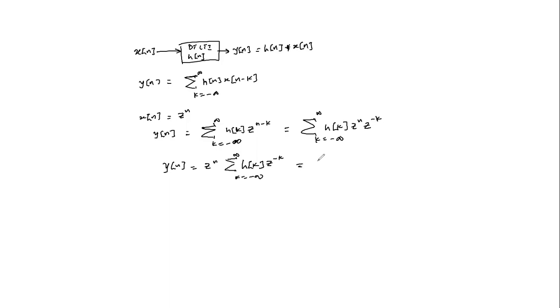Now, this is the same as lambda times z to the power of n, which is the same as H of z times z to the power of n.